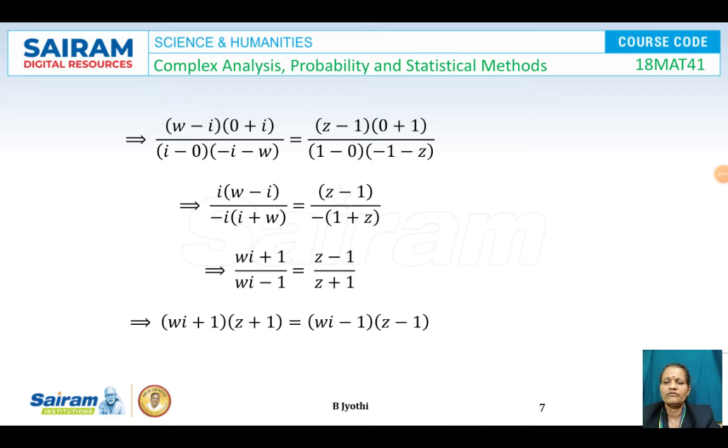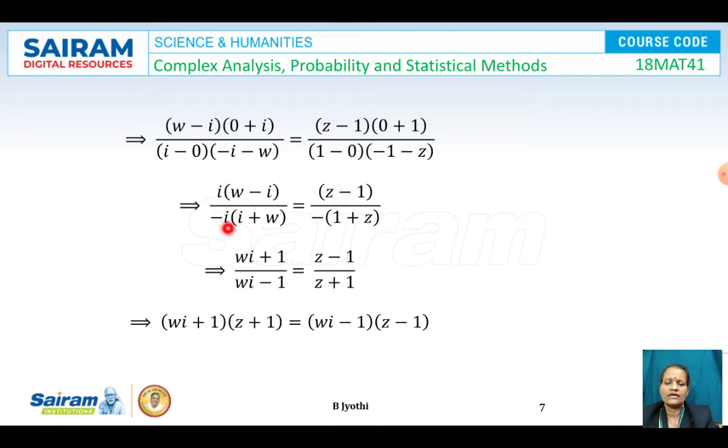After substituting, we get (W - i)(0 + i) / ((i - 0)(-i - W)) = (Z - 1)(0 + 1) / ((1 - 0)(-1 - Z)). On simplification, i(W - i) / (-i(i + W)) = (Z - 1) / (-(1 + Z)). By taking minus common, we get this result.